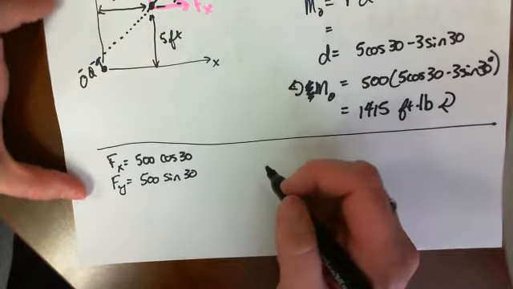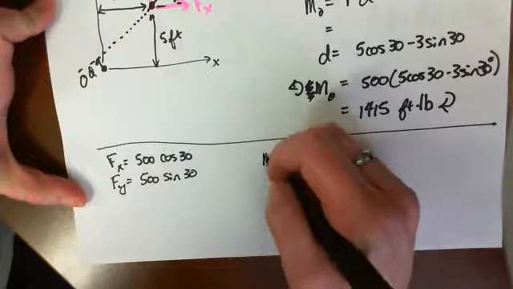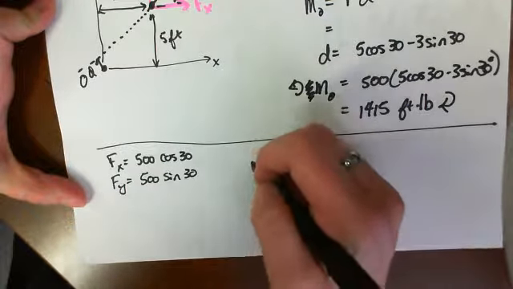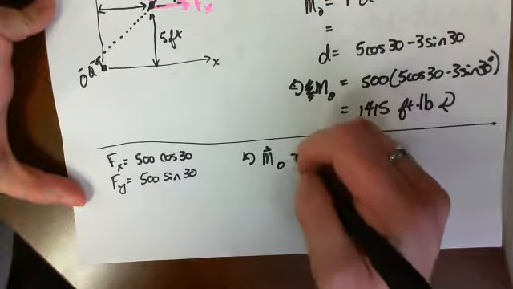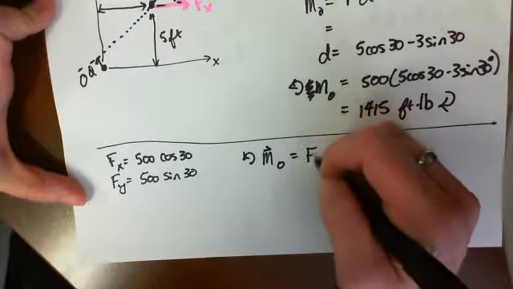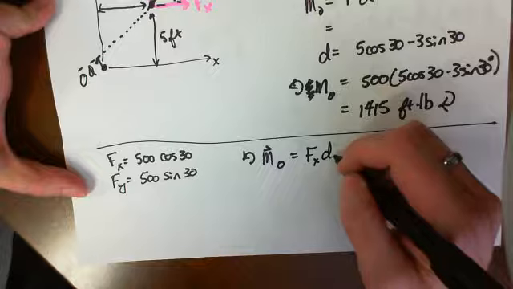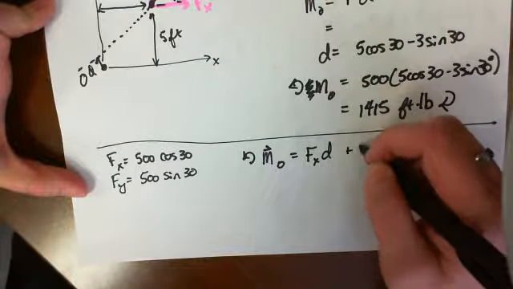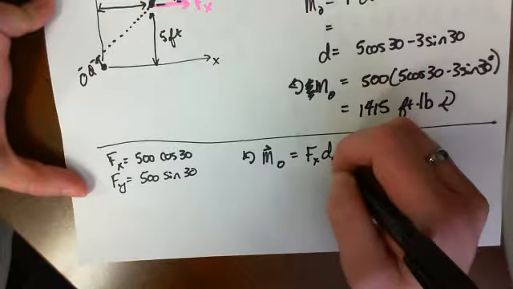So then if I want to get my moment, with this being my positive direction, about 0, it is equal to Fx times my perpendicular distance plus Fy times my perpendicular distance in the y direction.